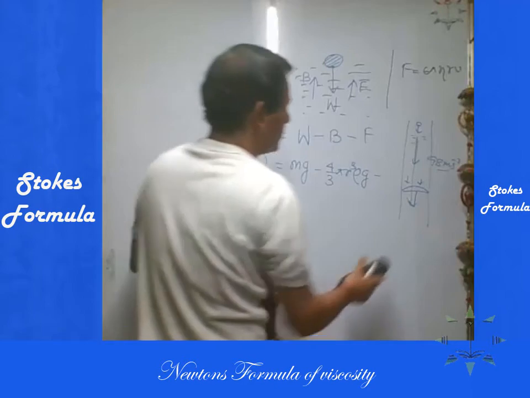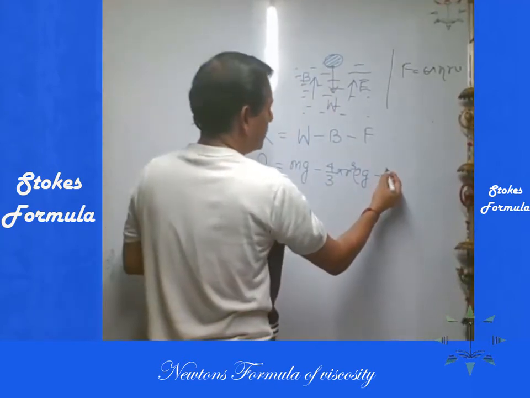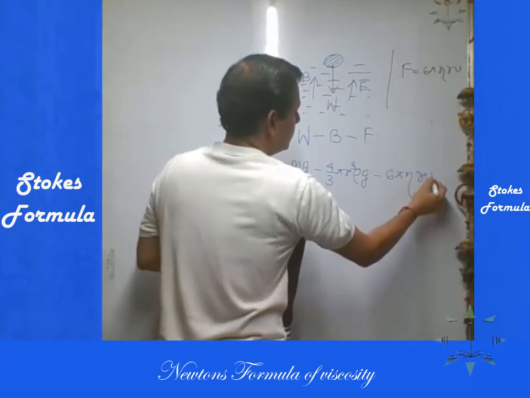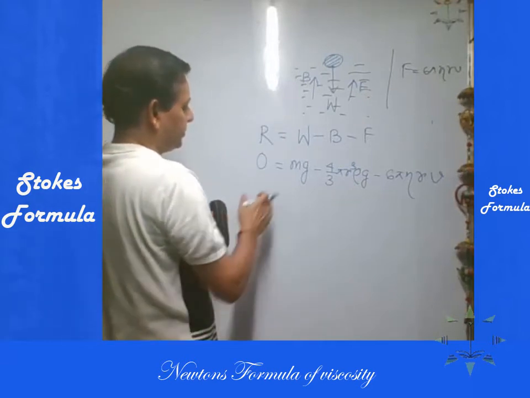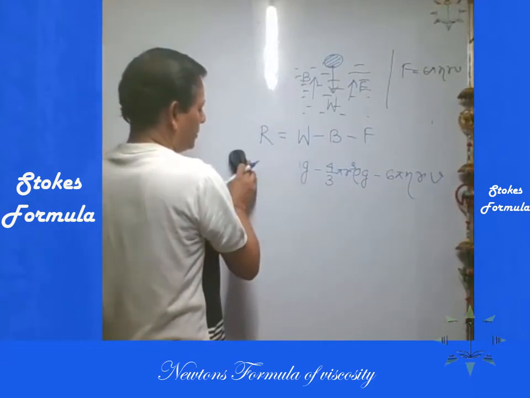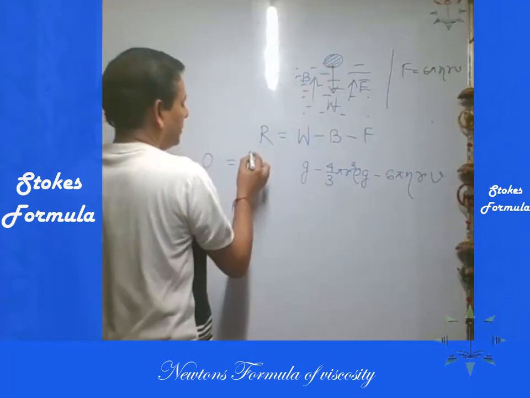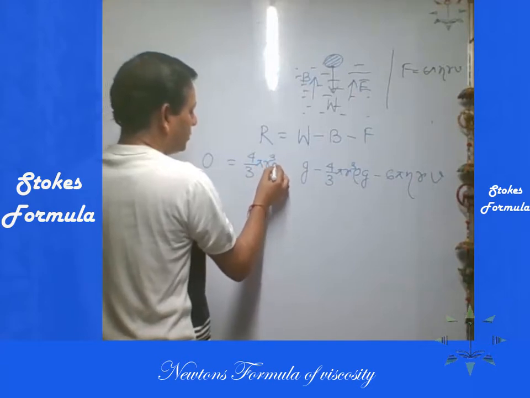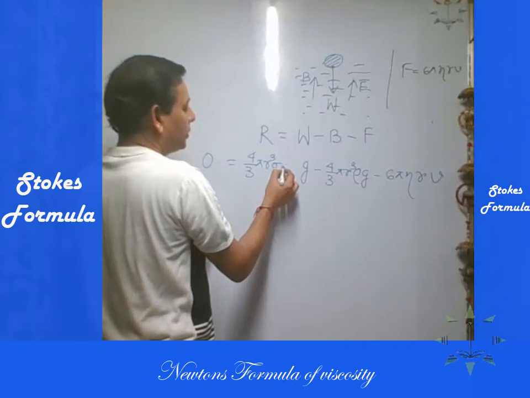So it is 6 pi eta r into v. And what is mass? The mass of the sphere is 4 by 3 pi r cube into the density of the substance of the sphere, into g.